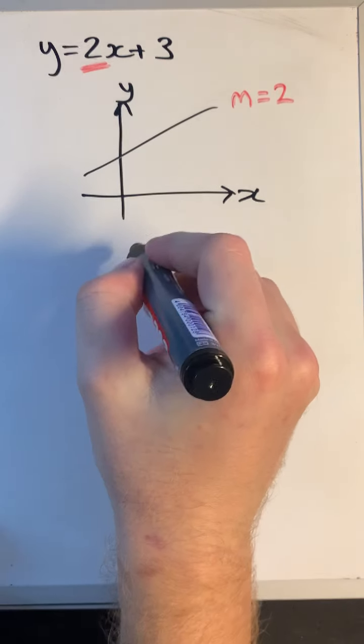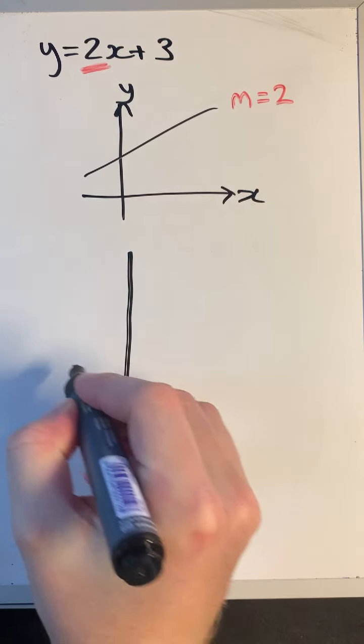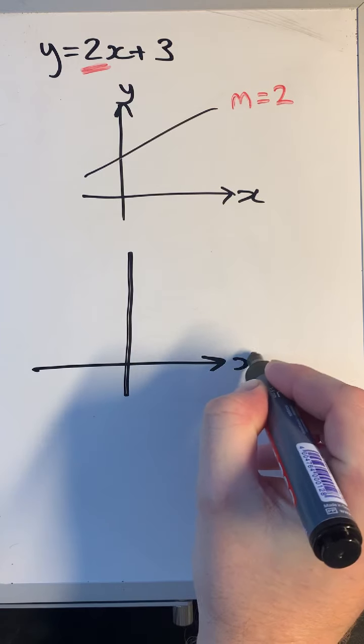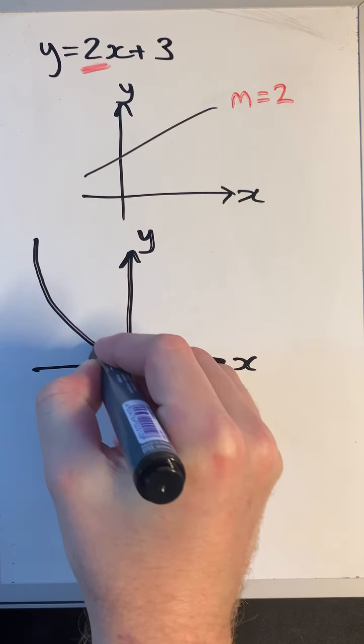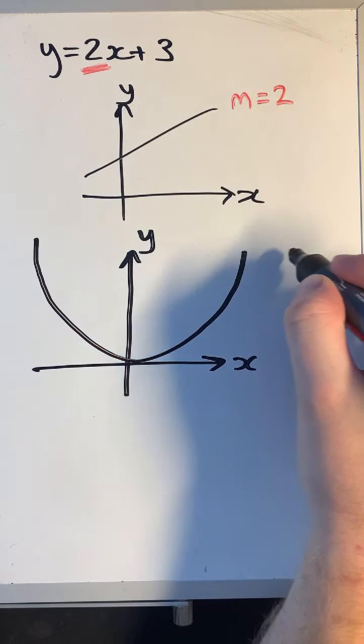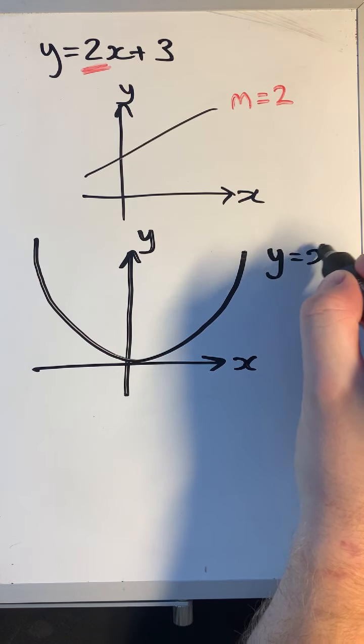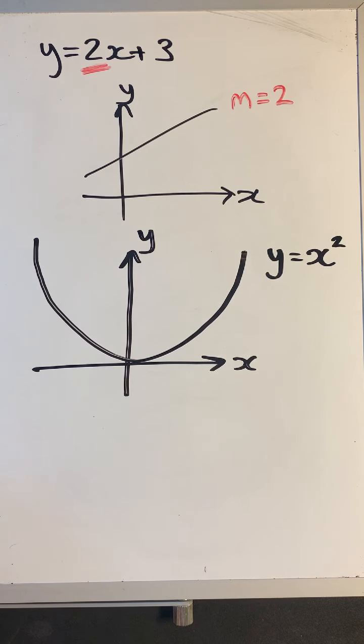Now the problem is when we start looking at something like this. So say we've got this function, y equals x squared. If I ask you what is the gradient of this function, you couldn't really answer me, could you? Not without a bit more information.